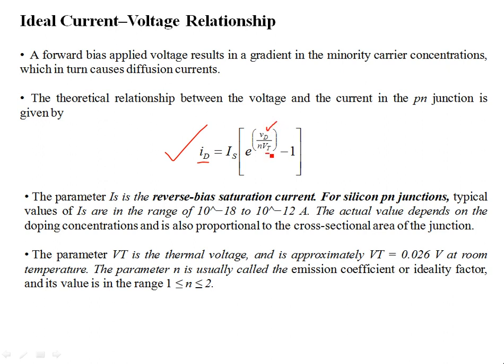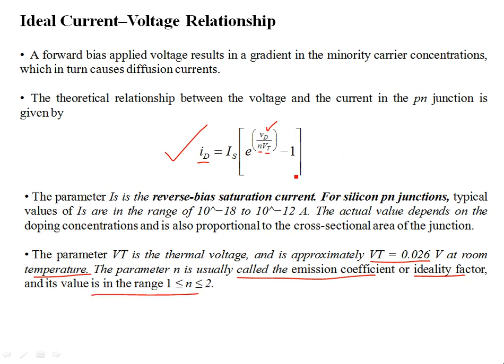VT is the thermal voltage, which is about 26 millivolts at room temperature. The parameter N over here is a new factor, which is known as the ideality factor or the emission coefficient, and its value lies between 1 to 2.